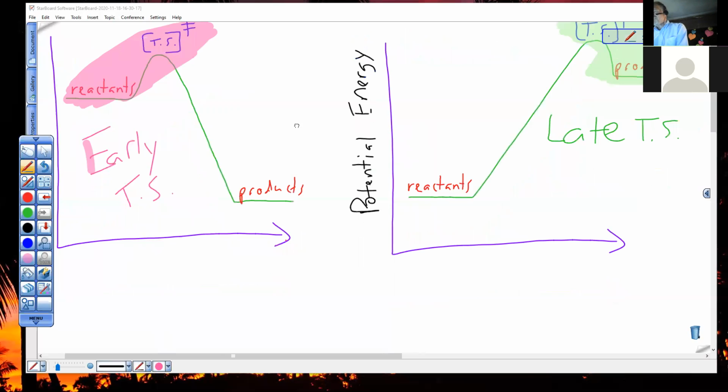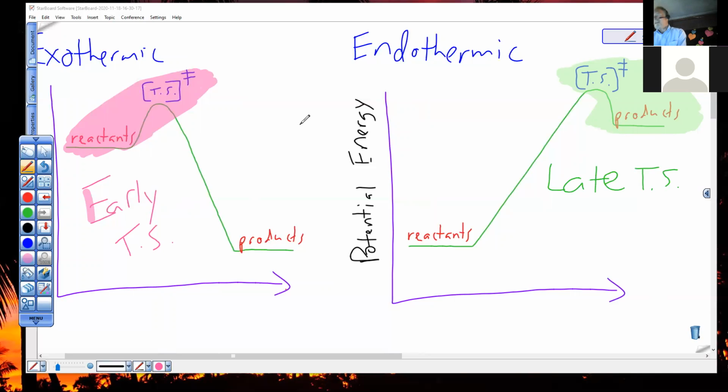In fact, let's just look at a reaction where we can have early and late transition states for the same reaction. Let's do a typical reaction. We'll have a radical reacting with X and Y to generate RX plus Y dot.